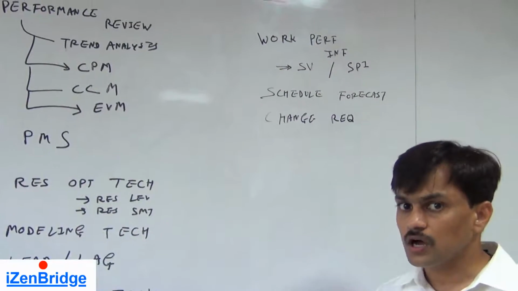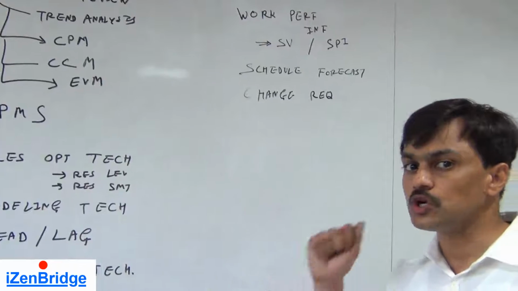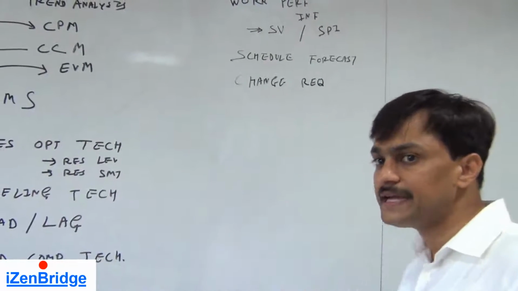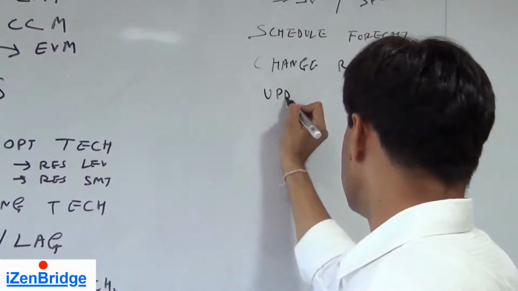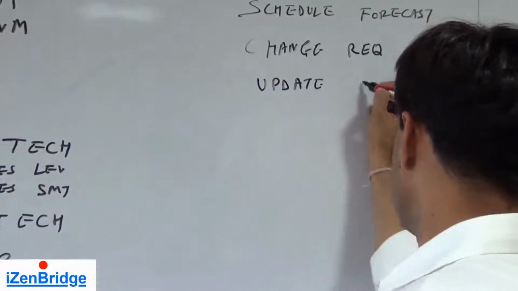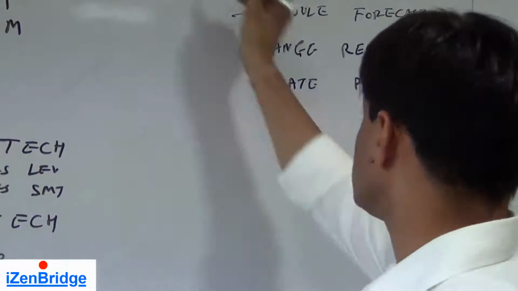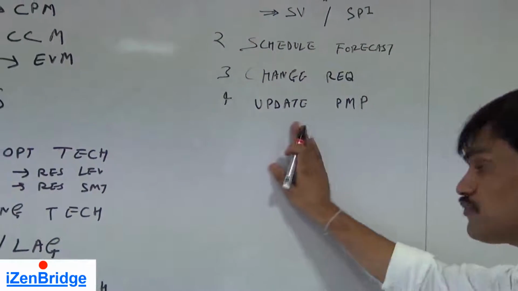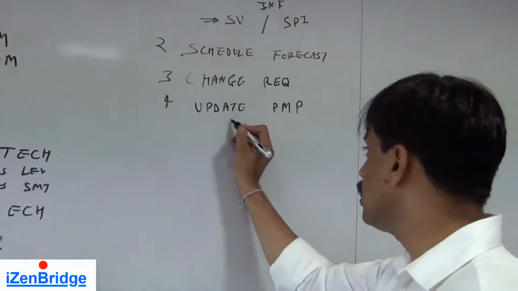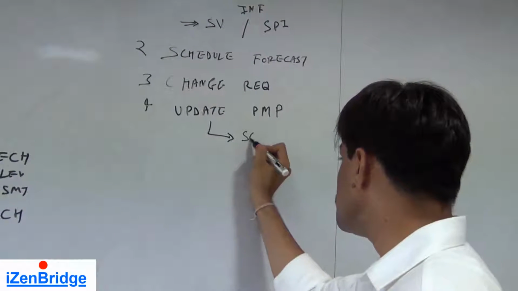Now the fourth output of the control schedule process is updates to the project management plan. So we have seen four outputs. Now, what type of things can be updated in the project management plan? We may have an update in the schedule baseline.